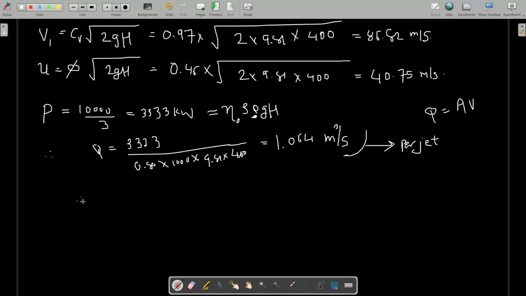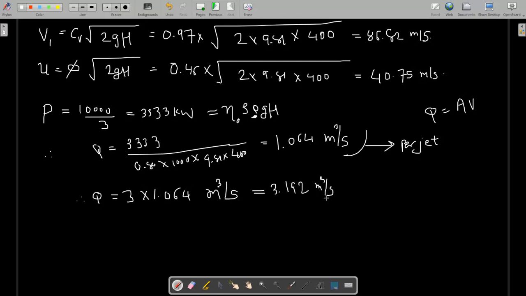We have total how many nozzles? Three nozzles. So multiply with 3, so you will get the total discharge. So the total discharge is 3.192 meter cube per second.